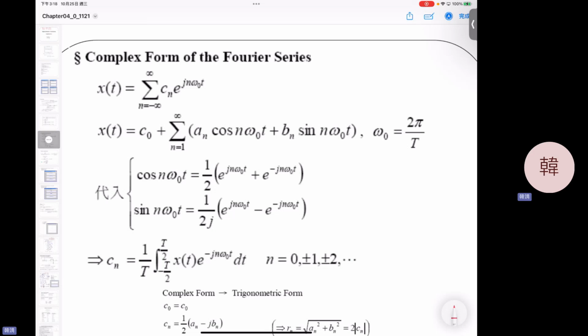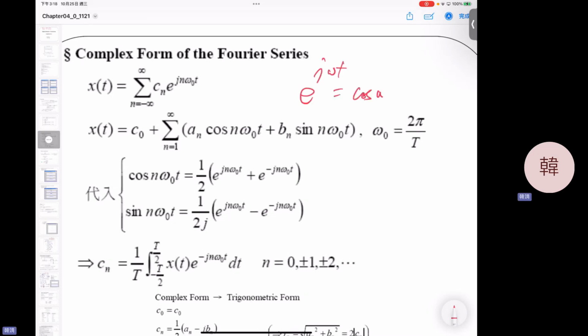Let's see, this is Euler. We say it is Euler form. Cosine. Signal, you can use this kind of formula to represent it, similar to our trigonometry, but it's in exponential form.